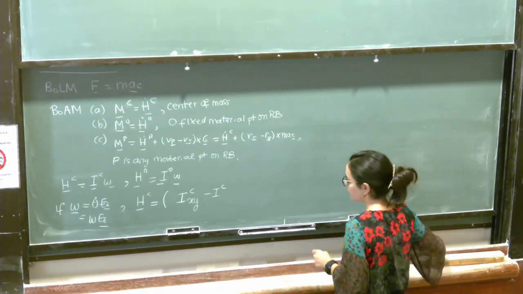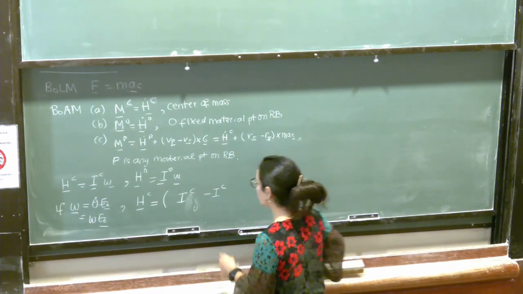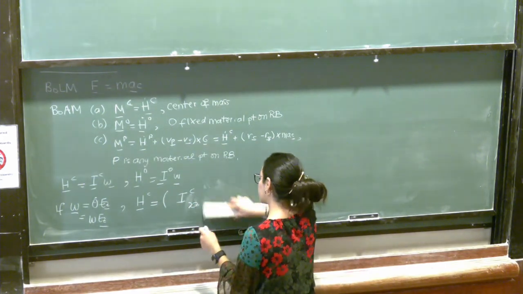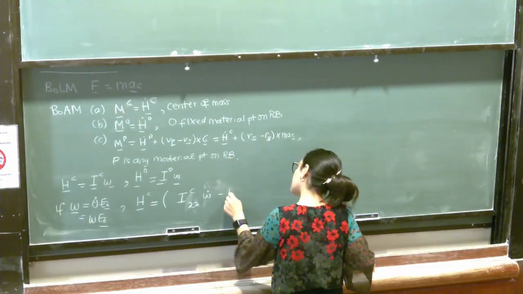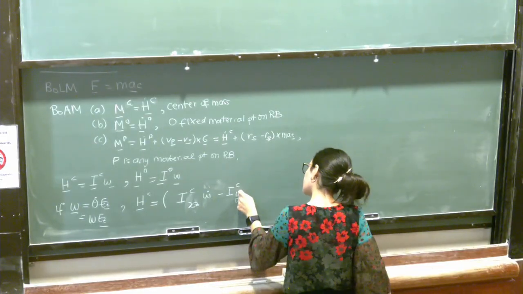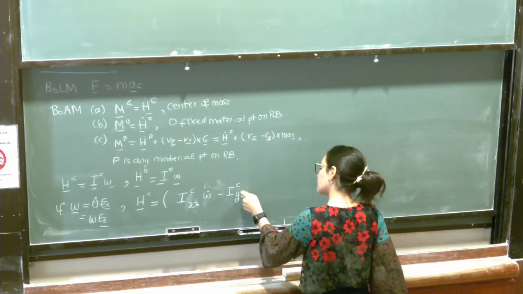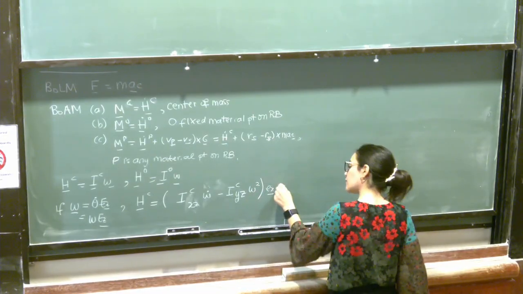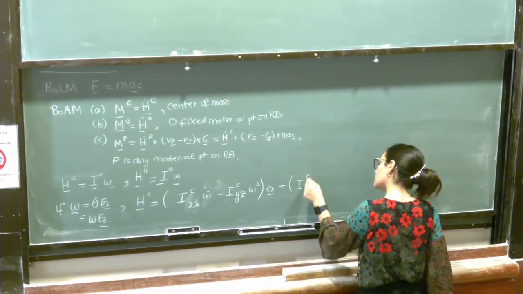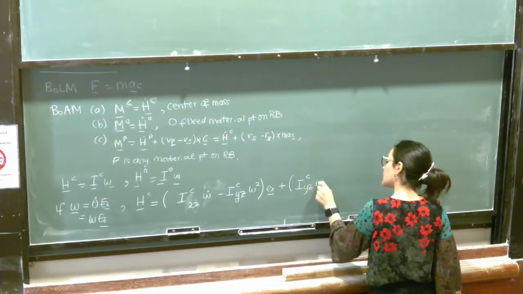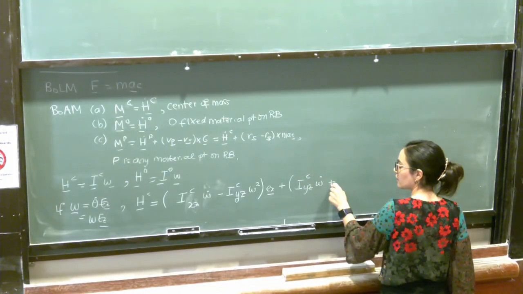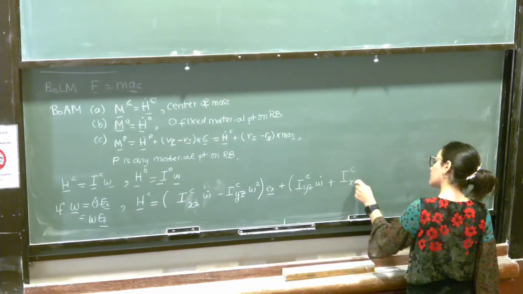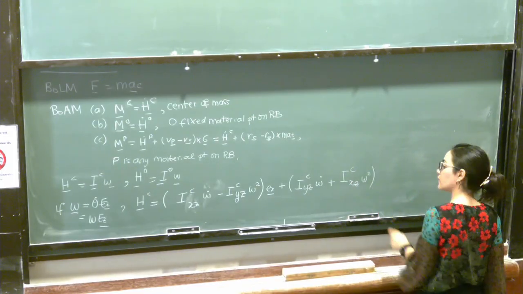I_C XZ omega dot minus I_C YZ omega squared E_X plus I_C YZ omega dot plus I_C XZ omega squared E_Y.